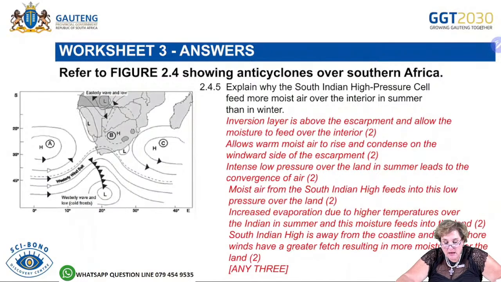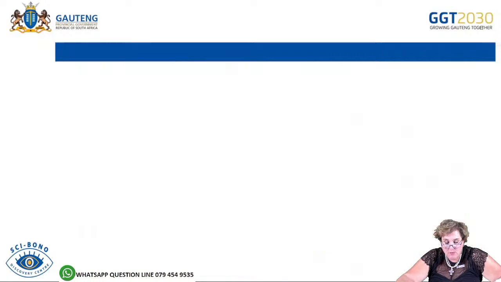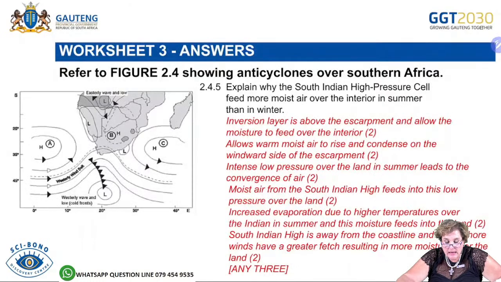Moist air from the South Indian high feeds into this low pressure over the land. Increased evaporation due to higher temperatures over the Indian Ocean in summer feeds moisture into the land. Or the South Indian high is away from the coastline and the onshore winds have a greater distance to travel, bringing in more moisture over the land. Any three of these.